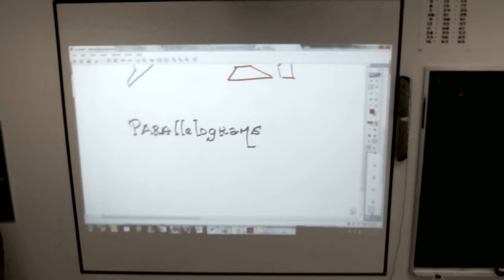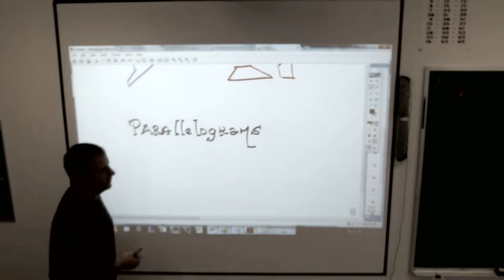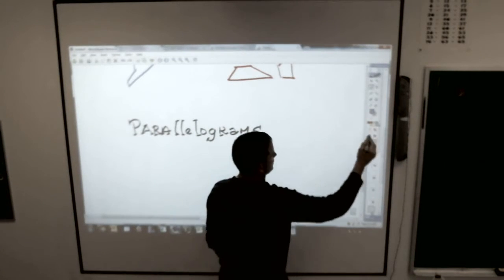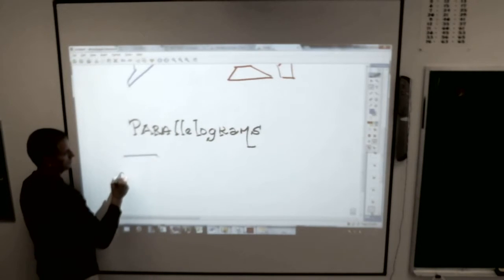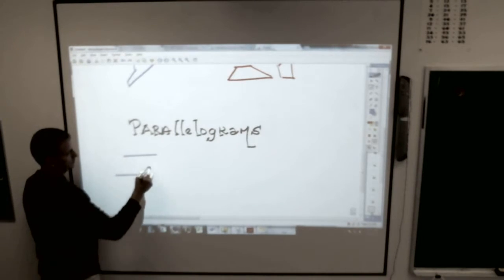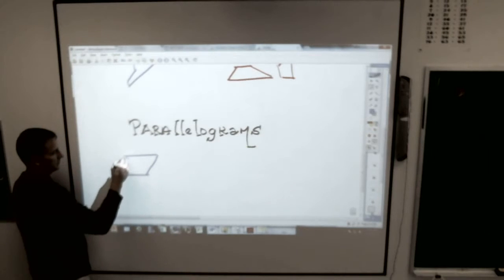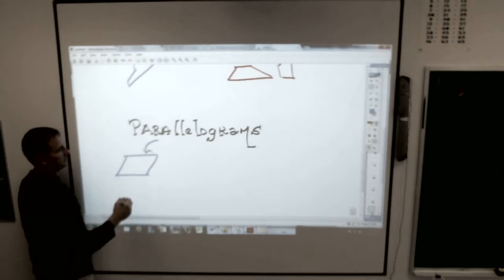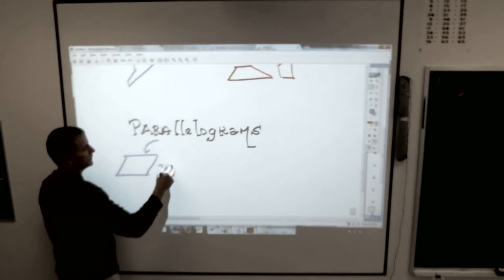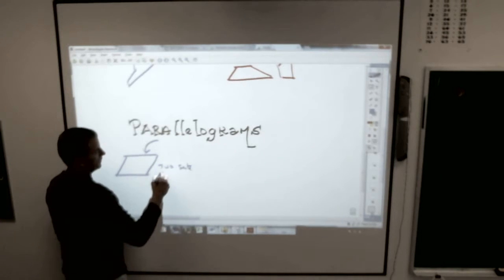What does a generic parallelogram look like? Well, pretty simple. It just has two sets of parallel sides. This is your garden variety parallelogram. Two sets of parallel sides.